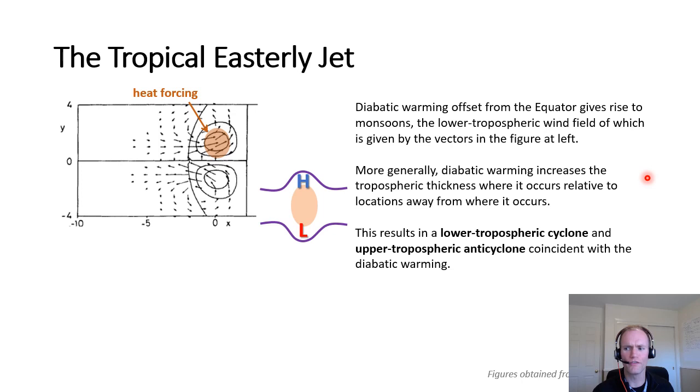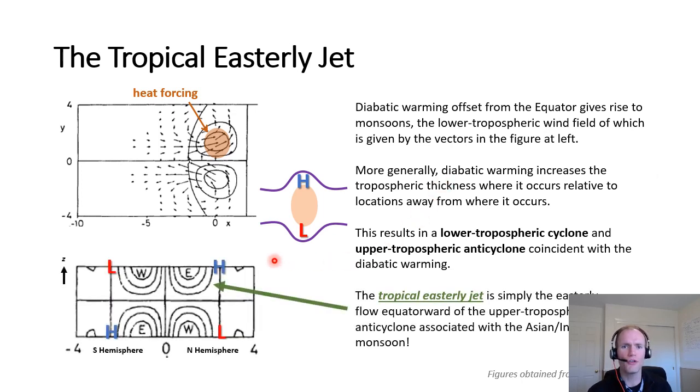So if we step forward from here, we get the tropical easterly jet out of this subtropical anticyclone circulation. We have our anticyclone atop the monsoon low here. We have the westerlies at low levels. That's this part of the wind field coming in here just north of the equator. But here at upper levels, we would expect there to be clockwise flow around this area of high pressure.